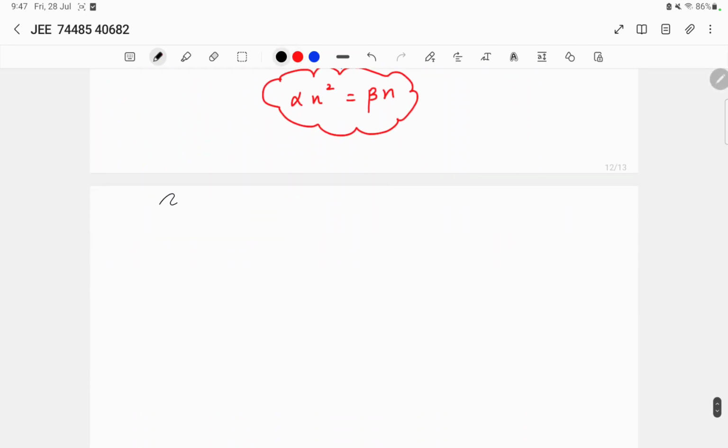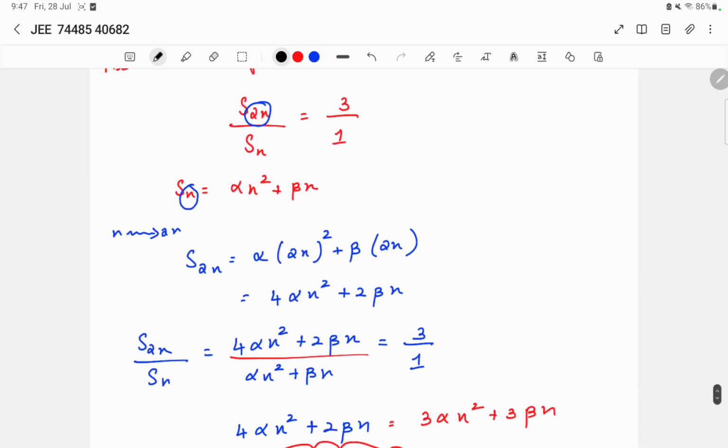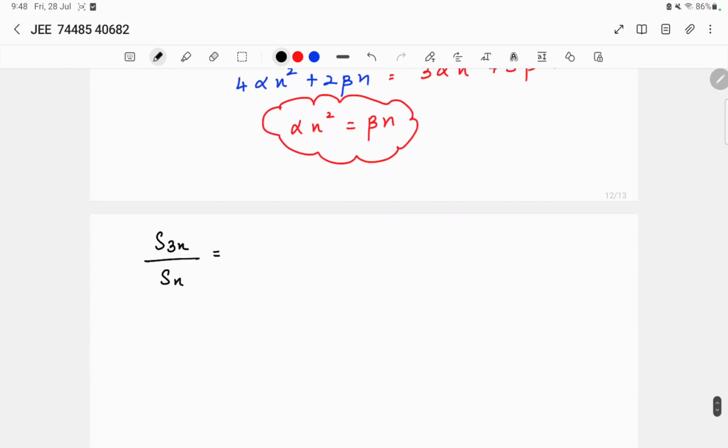So S3n divided by Sn they are asking. Same thing, in Sn we have alpha n square plus beta n. In place of this n, just substitute 3n. So we have alpha into (3n) the whole square plus beta into 3n, divided by alpha n square plus beta n.